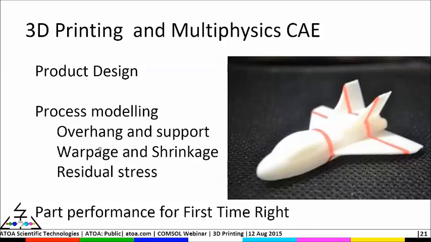We can also use it to solve specific problems associated with 3D printing, such as overhang support, warpage and shrinkage, or residual stress, which is mainly associated with the 3D printing process. We'll see more of multiphysics CAE for 3D printed part performance as we move forward.